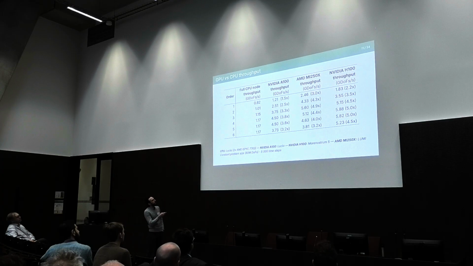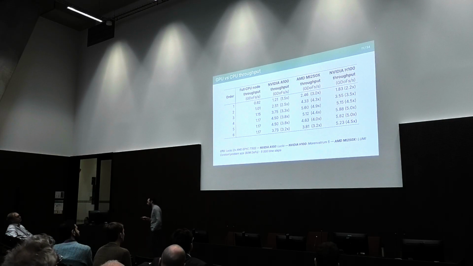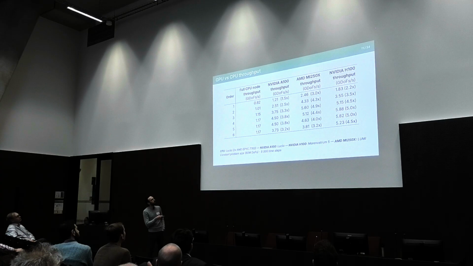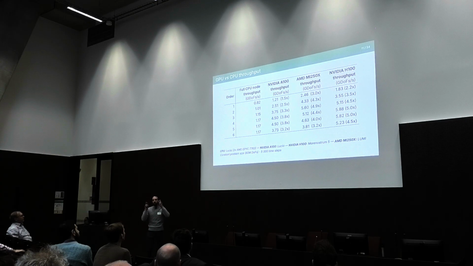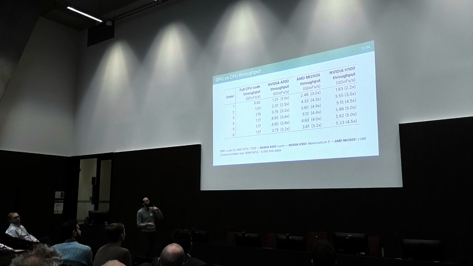Regarding LUMI, I was wondering how to present this because we have 2 GCDs per module, so I chose to present the results per module because in terms of price they are about the same. If we pay for compute time, it's 50 cents for one full CPU node and 50 cents for one GPU module. So to see if we are efficient, we need to compare at that level.